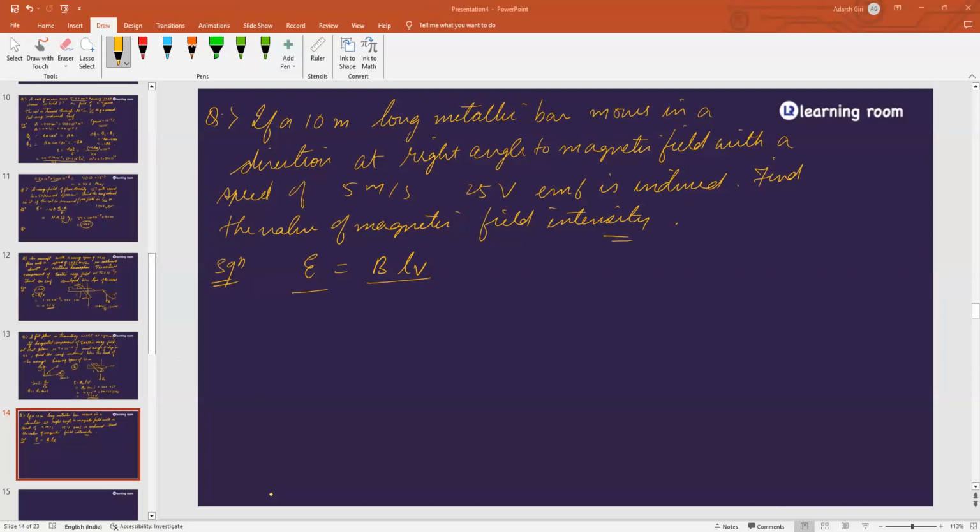We need to find the magnetic field. Rest everything is given. So B is equal to E upon LV. EMF induced is 25, length is 10 meters and velocity is 5. This is easy. The answer is 0.5 Tesla.